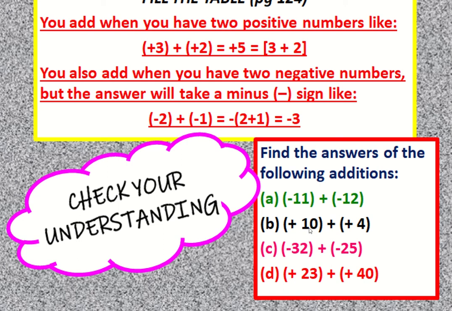Same in the next, plus 10 plus 4. Two like integers you have to add, so the answer would be plus 14 because both are of the same sign. You have to do these questions in the notebook. It was about the addition of like integers.